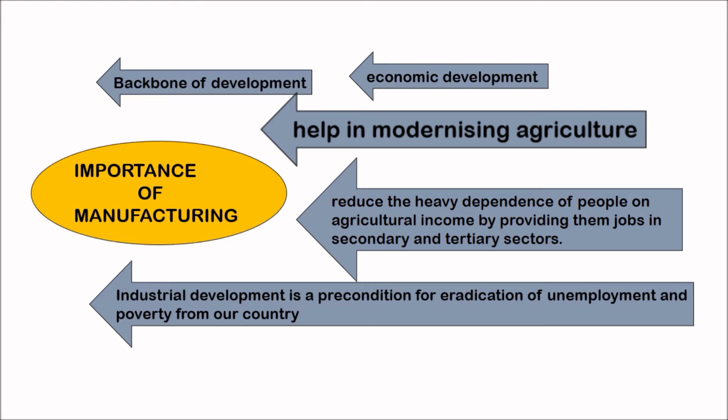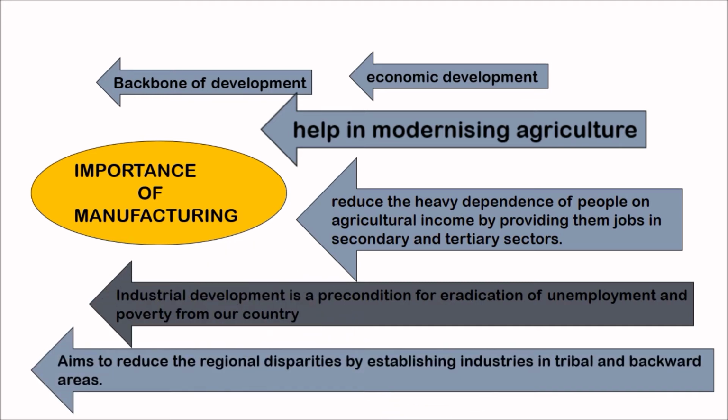It also aims to reduce the regional disparities by establishing industries in the tribal and backward areas. The main focus of establishing industries during the second 5-year plan was to reduce the regional disparities where there is less availability of water, where there are more tribal communities staying, where the backward regions and dry lands are.